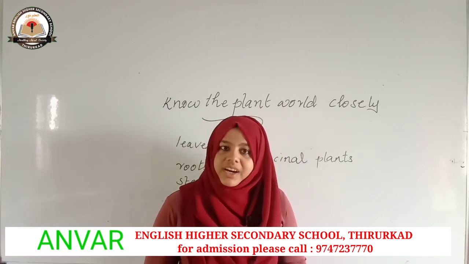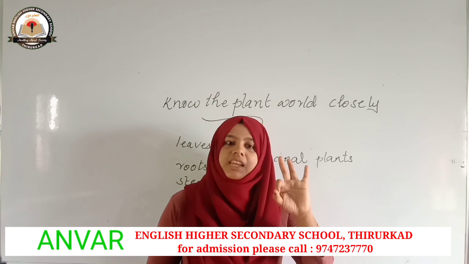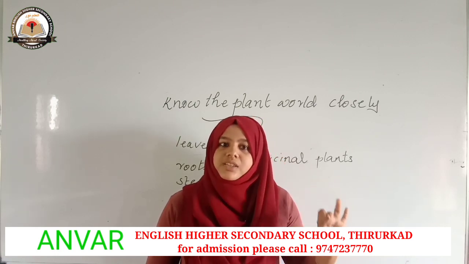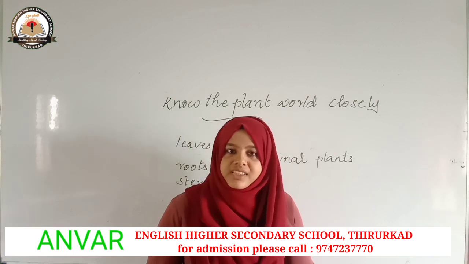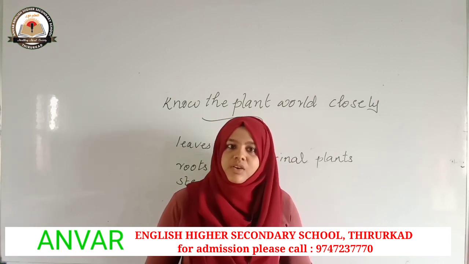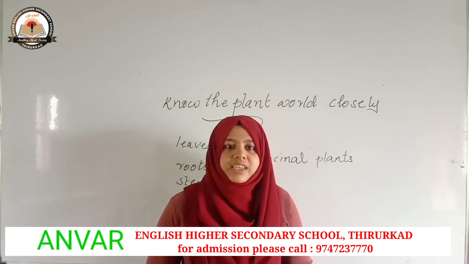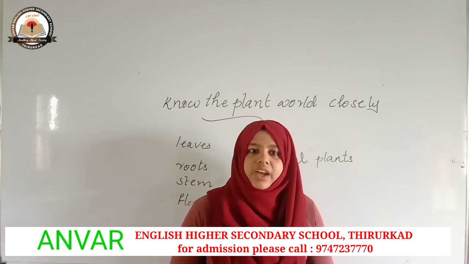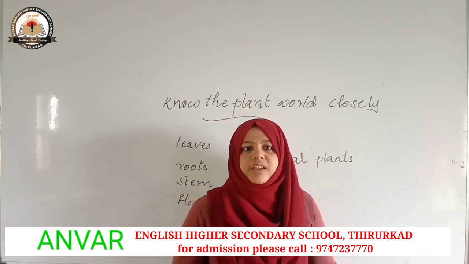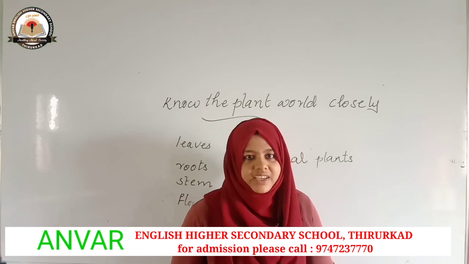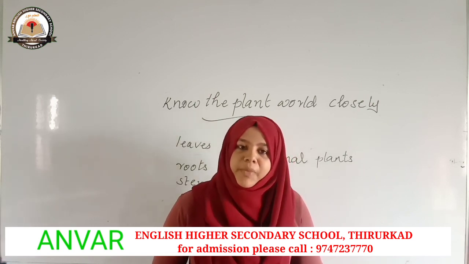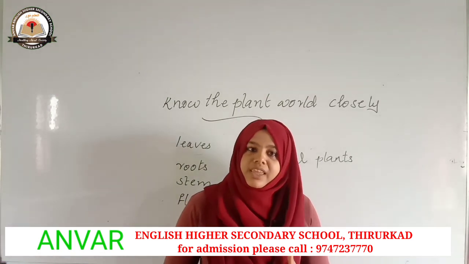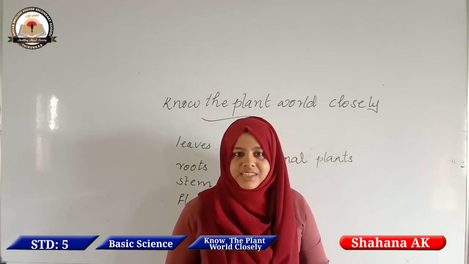You have to prepare a table with 3 columns. In the first column you write the names of plants that we are using as food. In the second column you write the names of plants that we are using as spices. In the third you write the names of medicinal plants. All the answers you will get from this class itself.